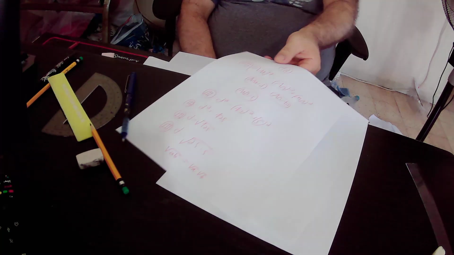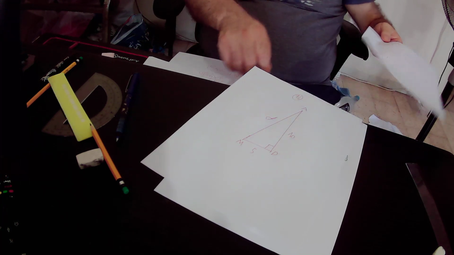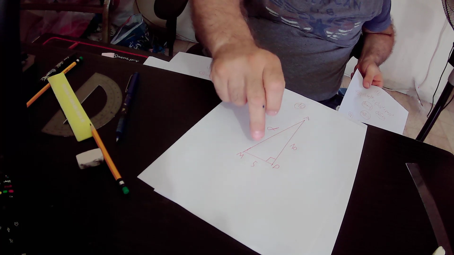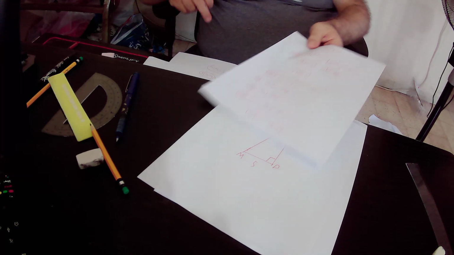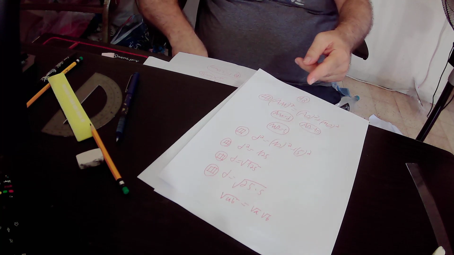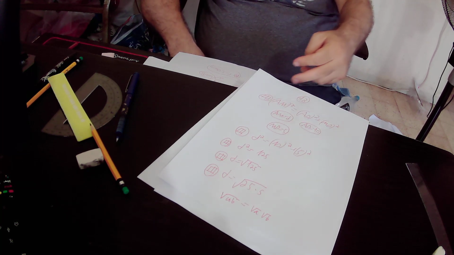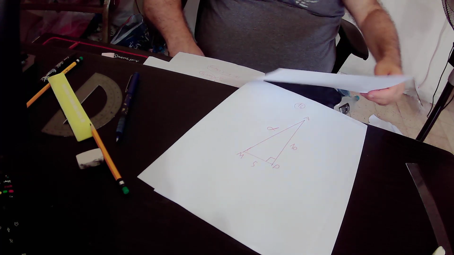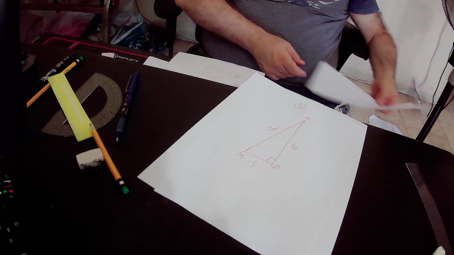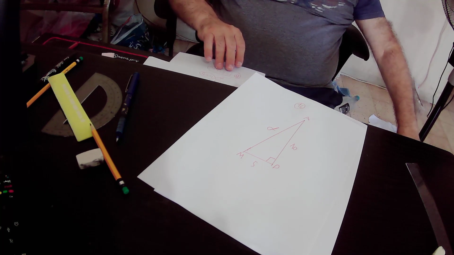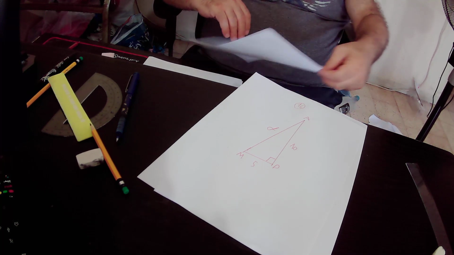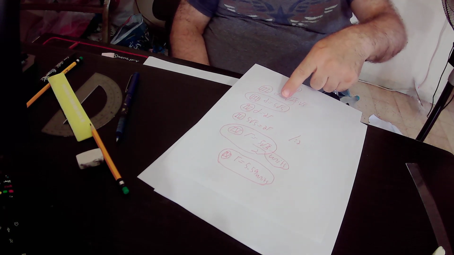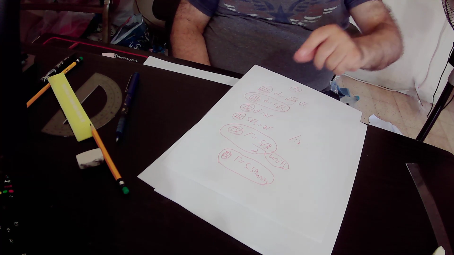But we know that AM equals D, AD equals 10 units, and MD equals 5 units. So we put the data in the equation, and we found out that D equals 5 times root 5.